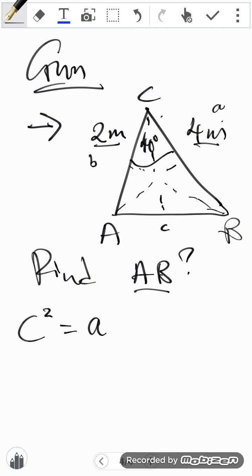So a squared plus b squared minus 2ab cos of the angle you have. The angle you have is 40 degrees and it is at C. So cos C.